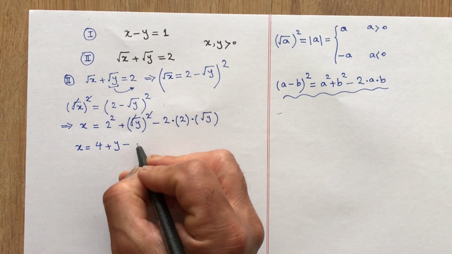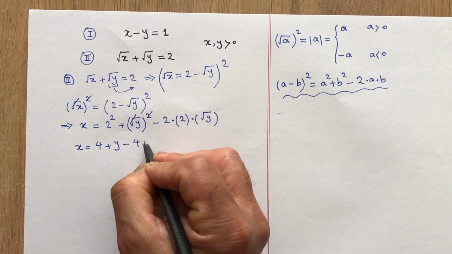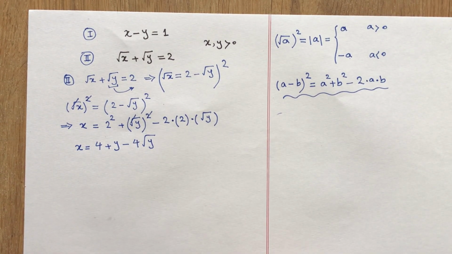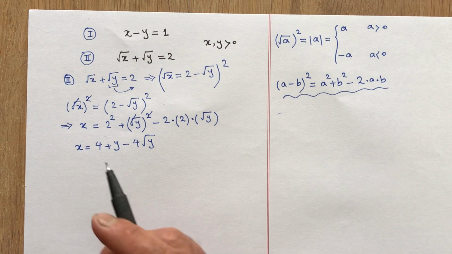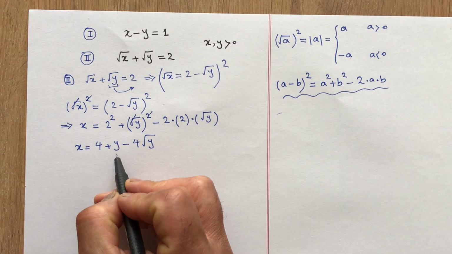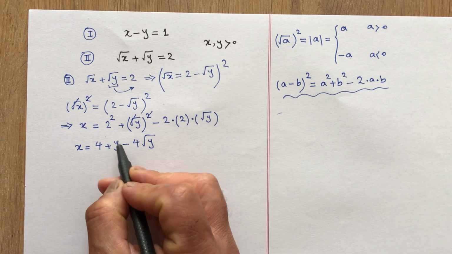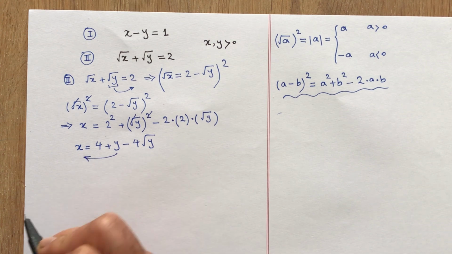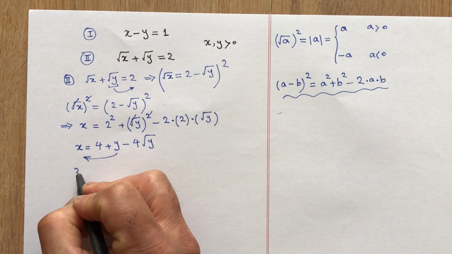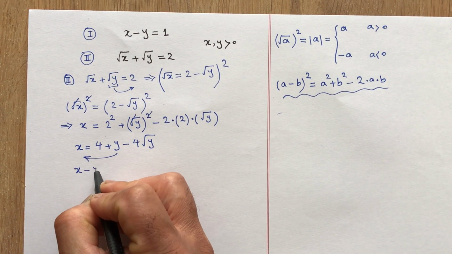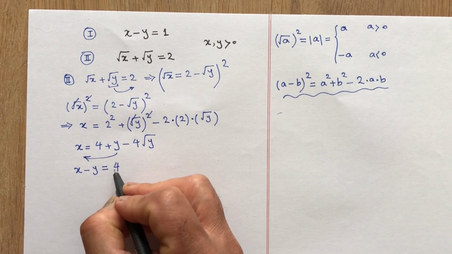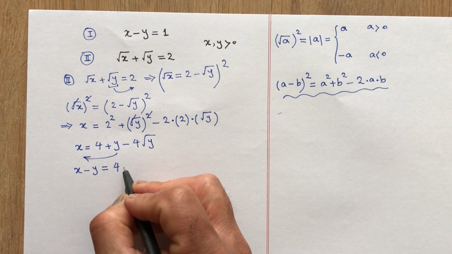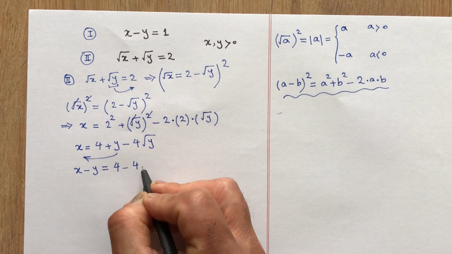Minus 2 times 2 is 4, and just the square root of y. Okay, we can simplify more. How? I can take this y to the left side and flip the sign, so x minus y is equal to 4 minus 4 square root of y.